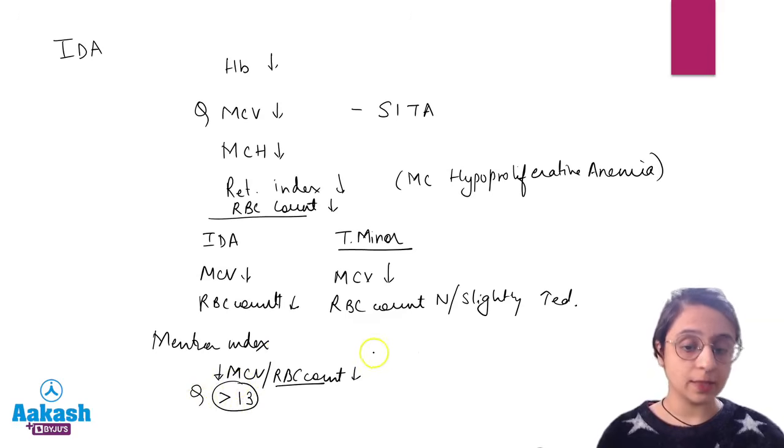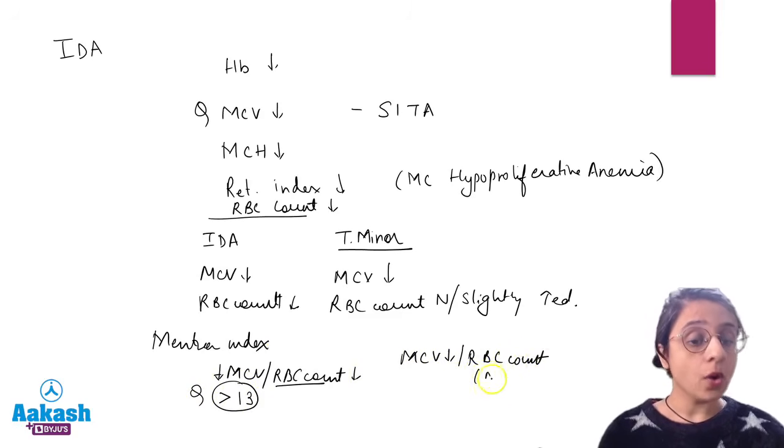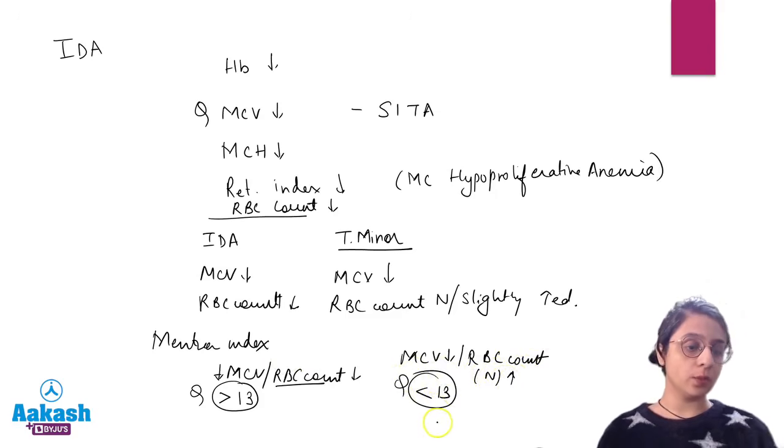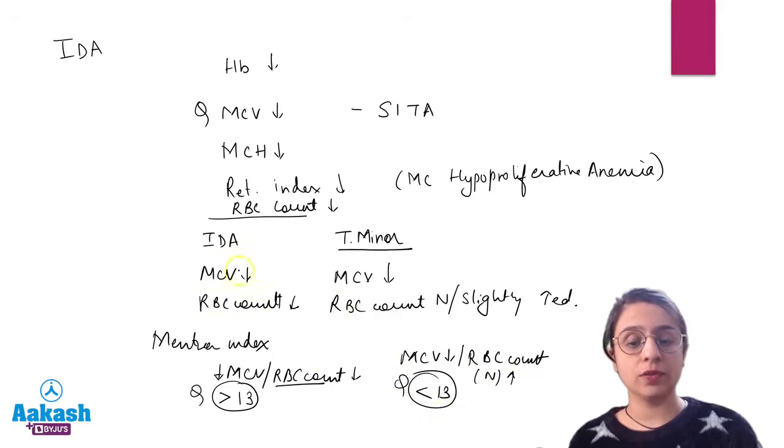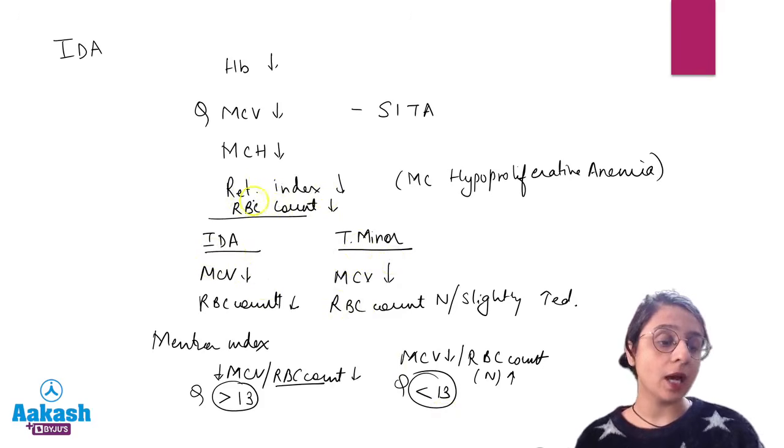Whereas in thalassemia minor, your MCV is low, definitely a cause of microcytic hypochromic anemia, but the RBC count will either remain normal or increase. Then can I say that the Mentzer index will be less than 13? This is a very important differential. In order to differentiate iron deficiency anemia from thalassemia minor, you need to see the RBC count.